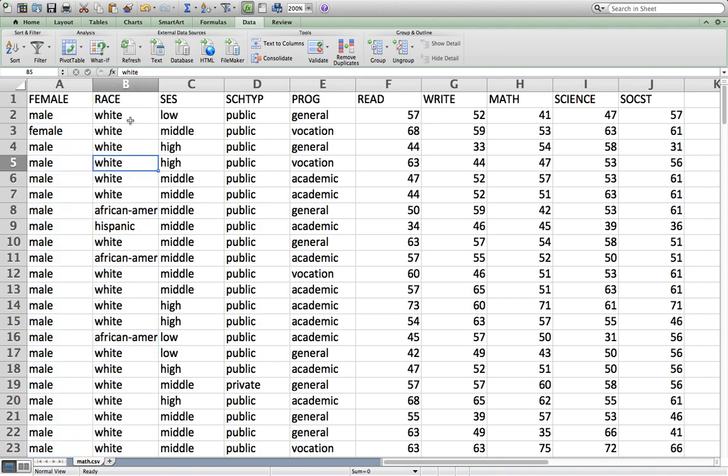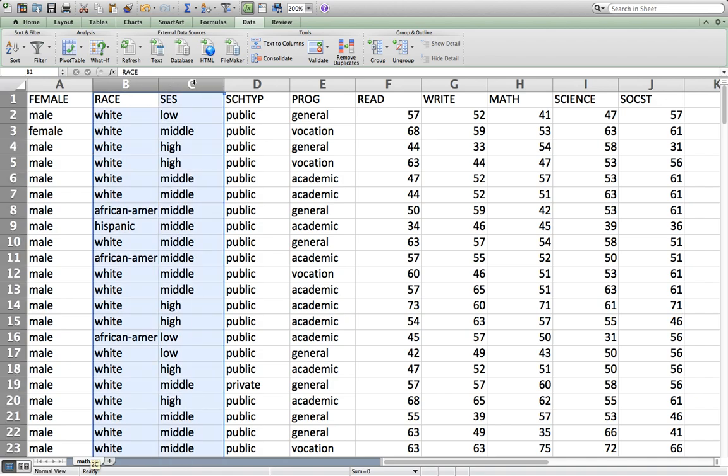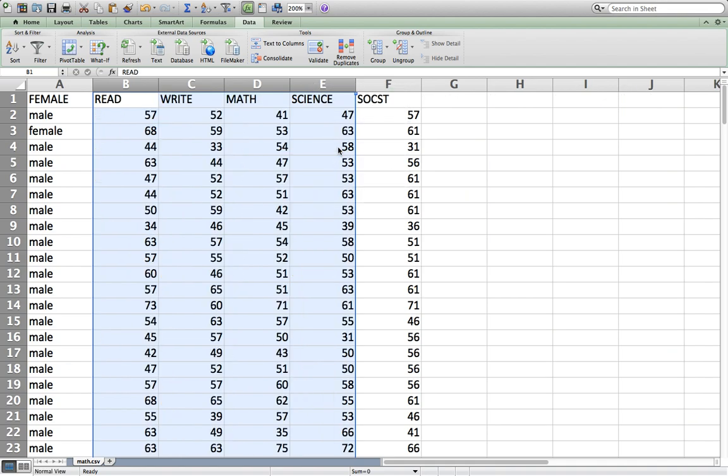Well, as I say that, I guess there are situations where it would be important if we need it. Say we have an extreme outlier and we want to identify the student by ID. So there may be a situation where we need to keep ID, but this is not it. So race, SES, school type, program, we're not using that information.